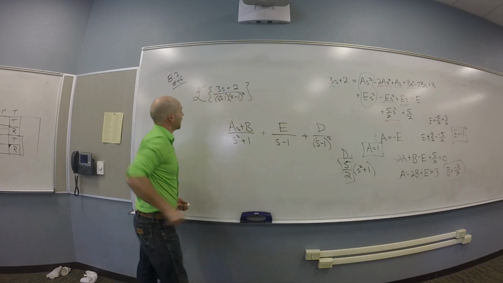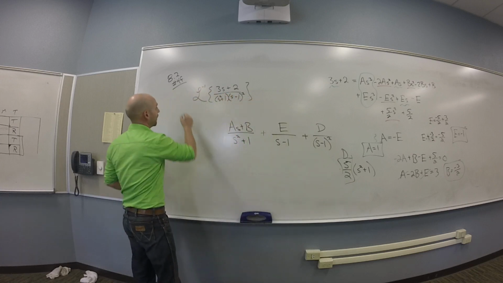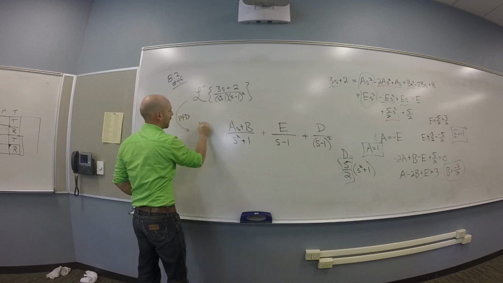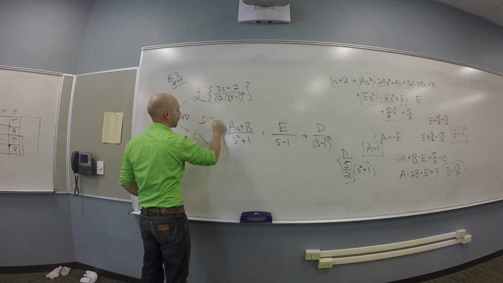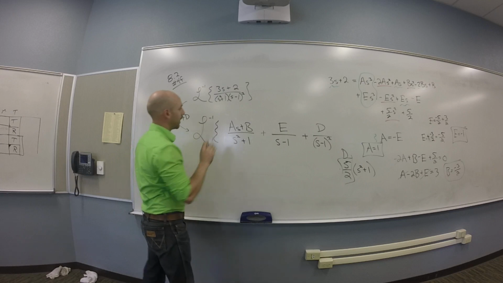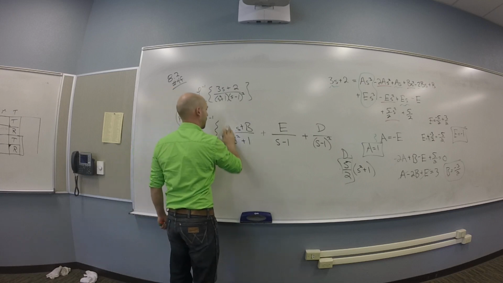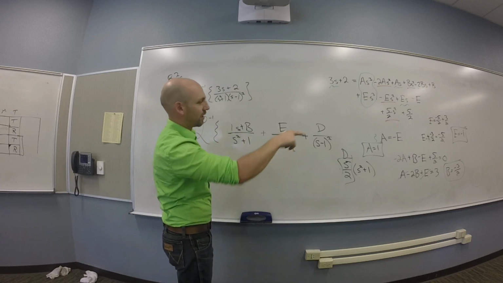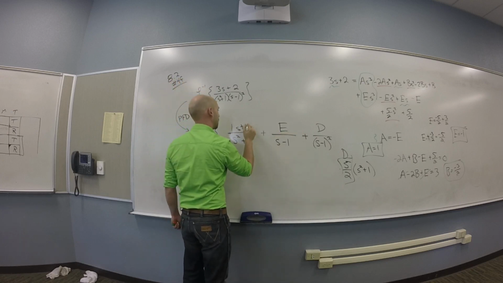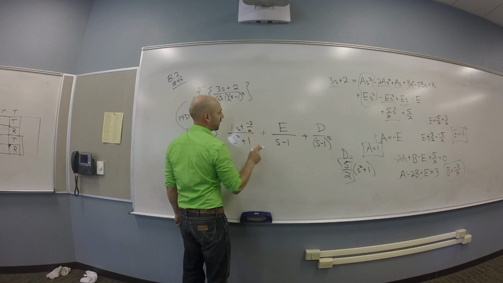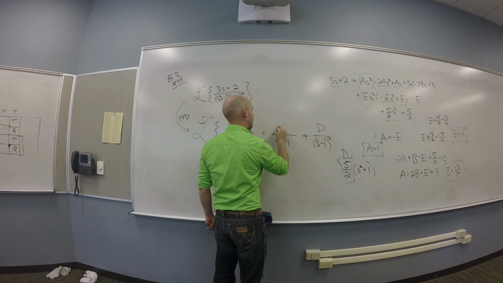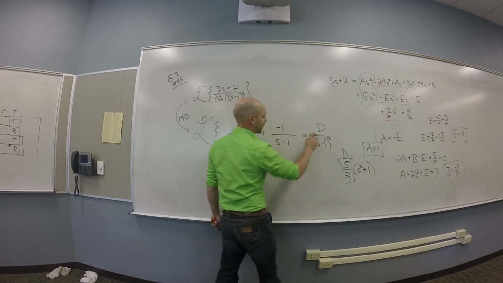And then here, right, I'm saying, all right, from the beginning, I'm going to PFD this thing. So I'm going to end up with the inverse Laplace transform of: A was 1, B was minus 3 halves, E was negative 1, and D was 5 halves.